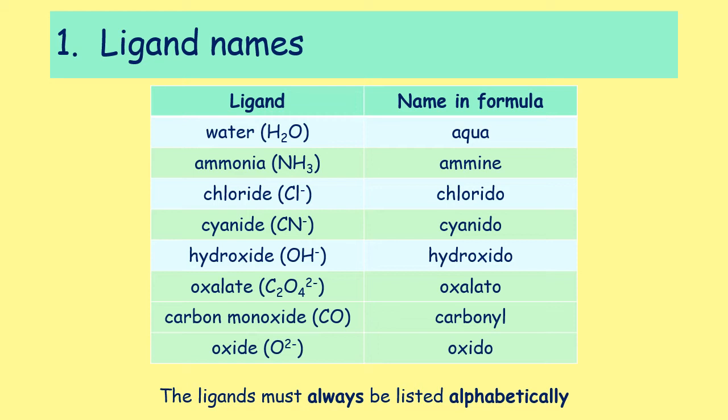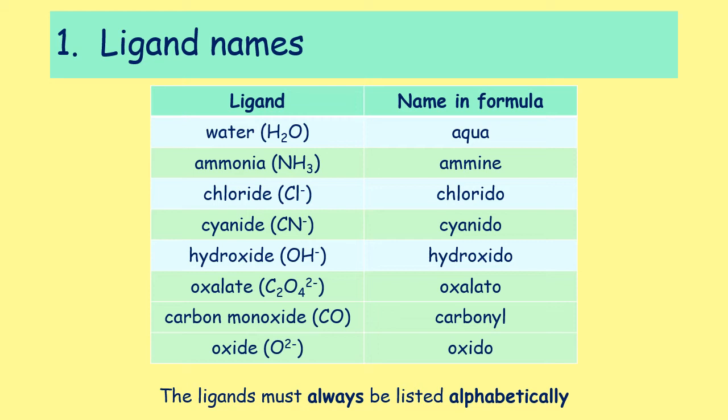So the neutral molecules, their names completely change, and you have to remember water is aqua, ammonia is ammine, carbon monoxide is carbonyl, but for the negatively charged ligands, all you need to do is change the last letter from an E to an O.